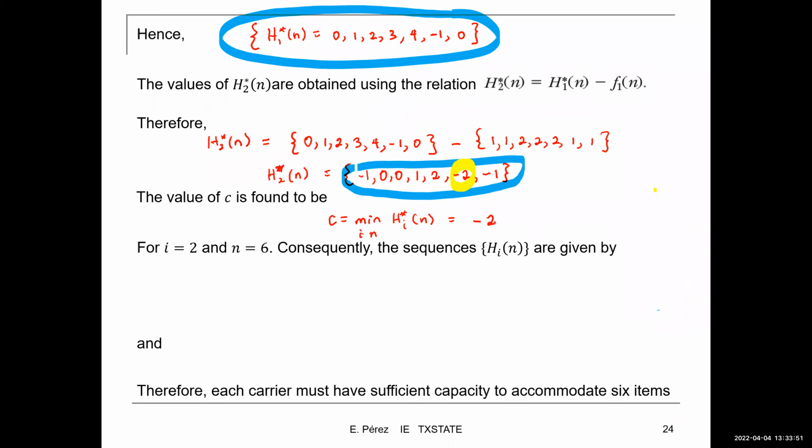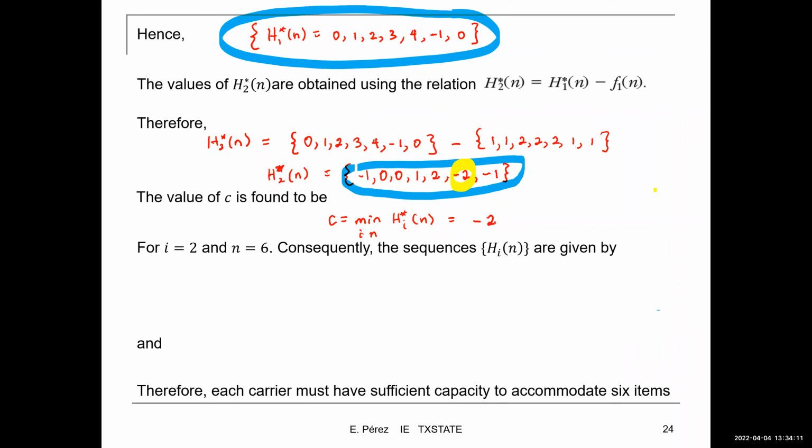So what we are doing is we're looking at these two sets. Because we only have 2 stations, but if we have 10 stations, we will have 10 sets of H1, H2, H3, H4, H5, and so on. So we are looking at these 2 sets and finding the minimum. In that case, that's -2.